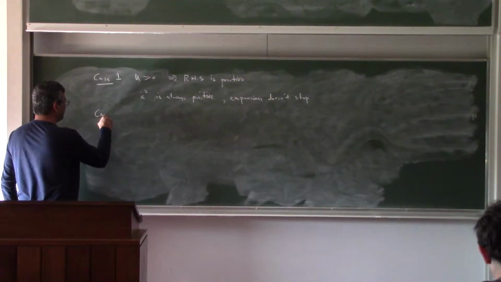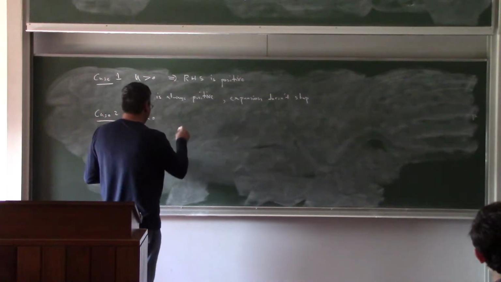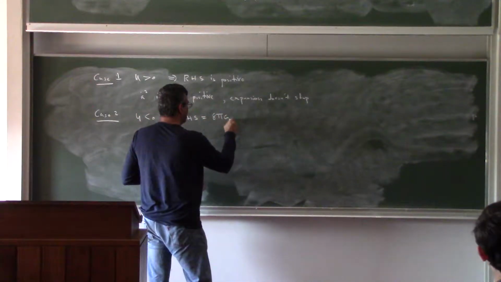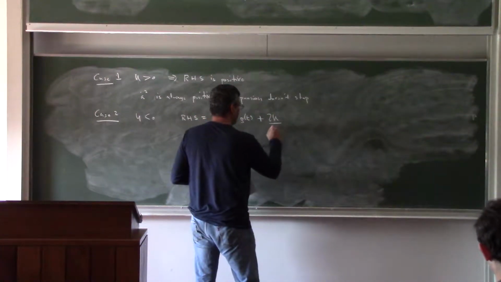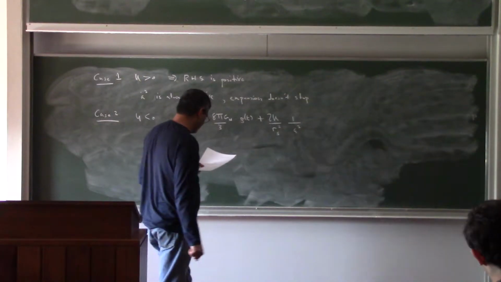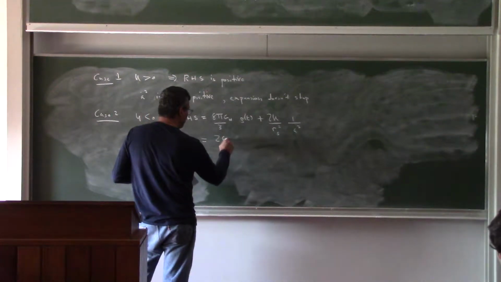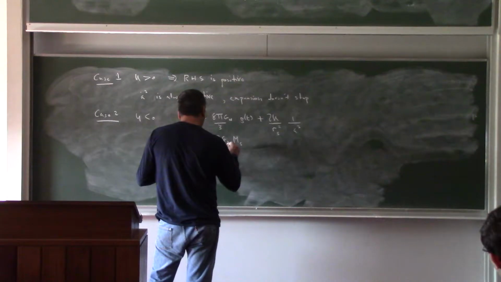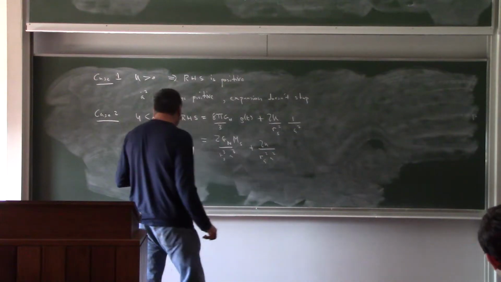Case 2, u is less than 0. So the right-hand side is 8 pi G Newton over 3 rho of t plus 2u over rs squared times 1 over a squared. If you express this in terms of mass again, it is 2 G Newton times the mass of the sphere over rs cubed a cubed, plus 2u over rs squared a squared.